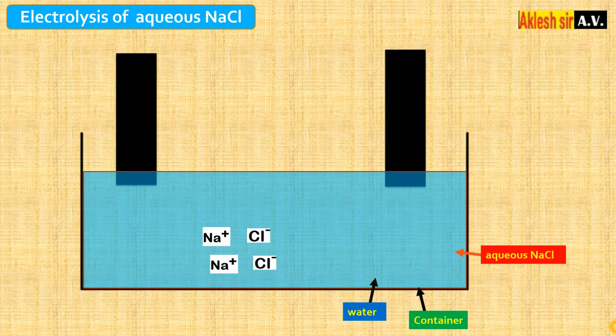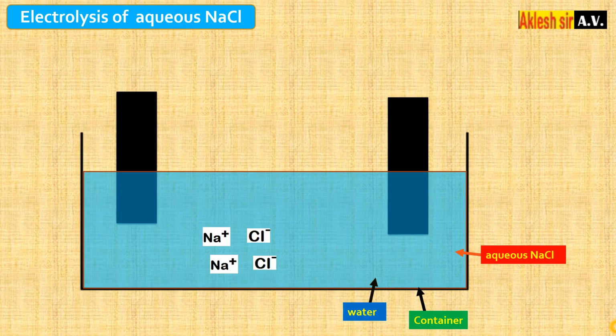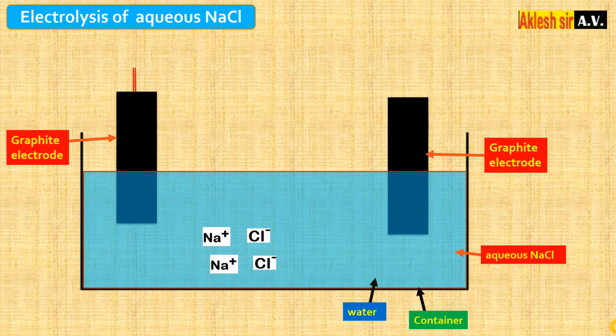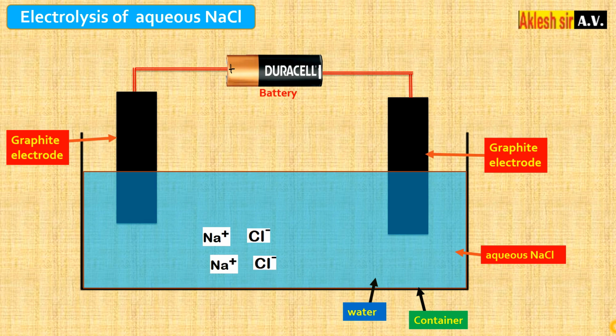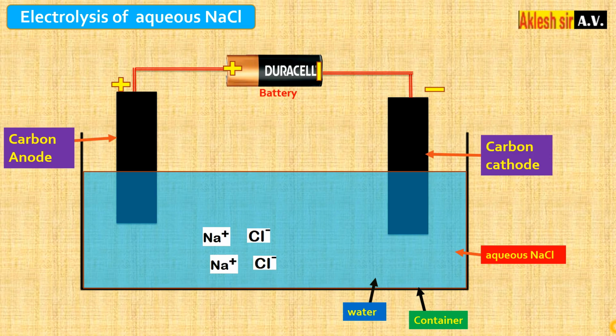Two graphite electrodes are dipped in the aqueous solution and connected by wire and battery. The graphite electrode connected to the positive terminal of the battery is the anode, and the one connected to the negative terminal is the cathode. The aqueous solution also contains H+ ions and OH- ions.